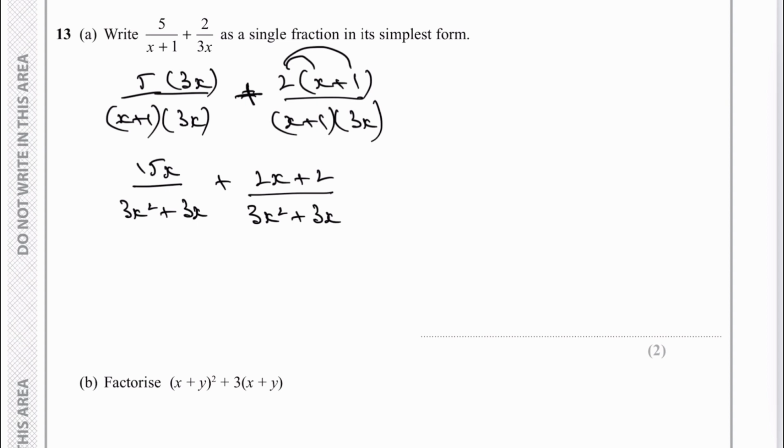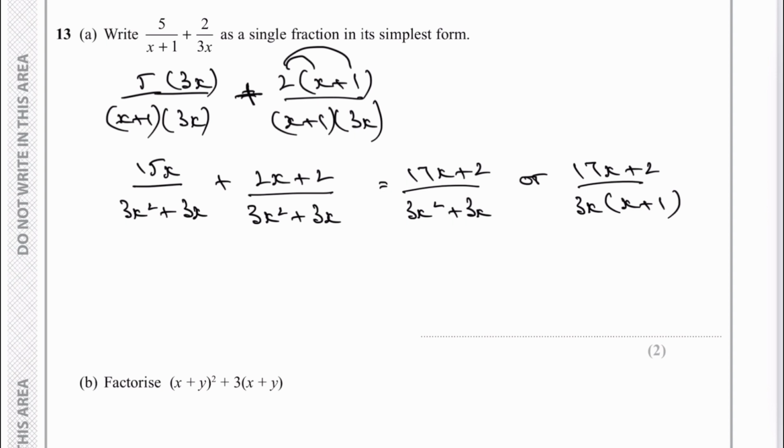When I bring this whole lot together, I'm going to get 17x plus 2, all divided by 3x squared plus 3x. If I really want to, I could write that as a factorisation at the bottom, so it's 17x plus 2, all divided by, take out 3x, and I've got x plus 1. So a little bit of an untidy question, really. It doesn't look as if it's the simplest form particularly.